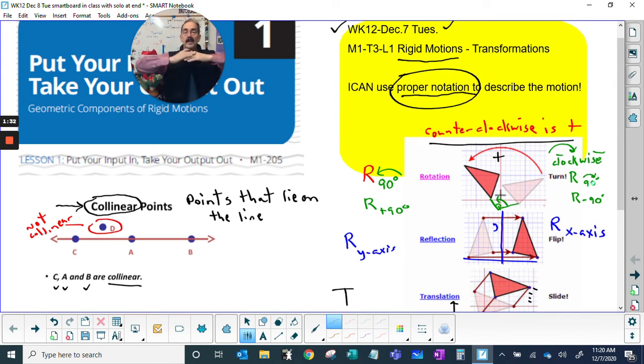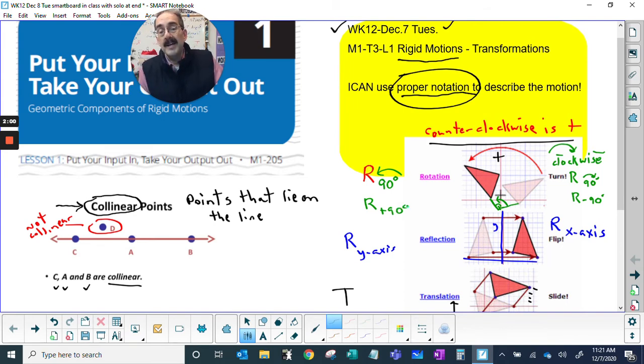And think of the grid. Quadrant 1, quadrant 2, quadrant 3, quadrant 4. See how it goes counterclockwise? All right. So the proper notation from the light to the dark is positive 90 degrees, or capital R, positive 90 degrees. You pick. You can use the arrow for direction or the plus sign.